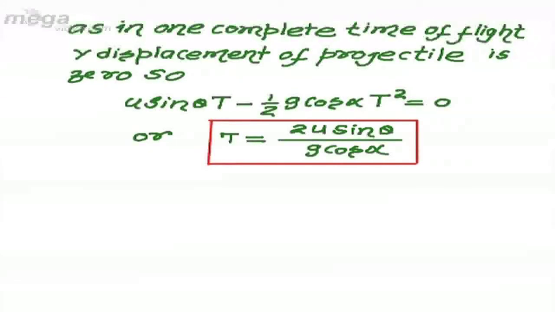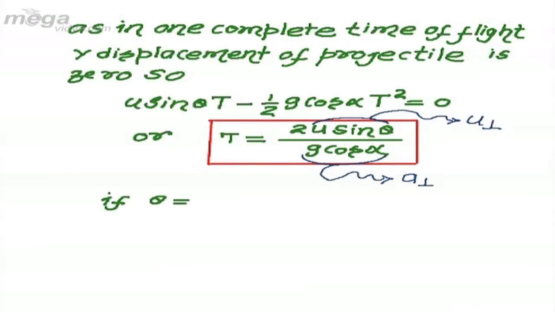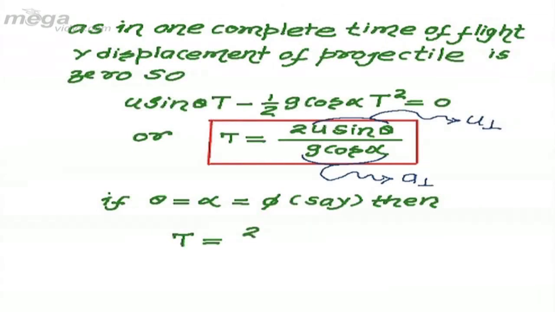You can see here u sin theta is u perpendicular, and this term g cos alpha is a perpendicular. If theta is equal to alpha equal to phi, say, then time of flight becomes 2u upon g tan phi.